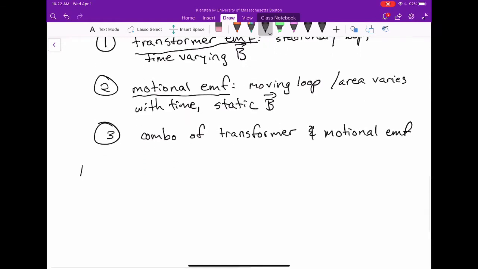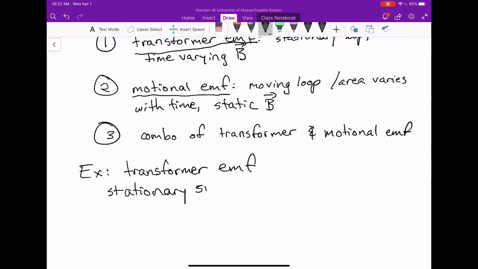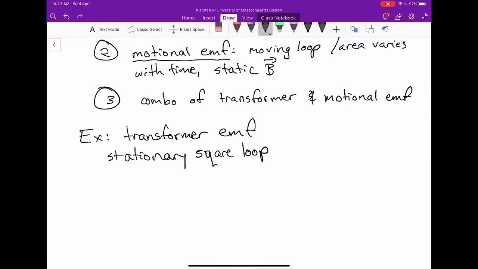I'm going to do an example now with a simple transformer EMF. And the example is a stationary single turn square loop is exposed to a time-varying magnetic field.